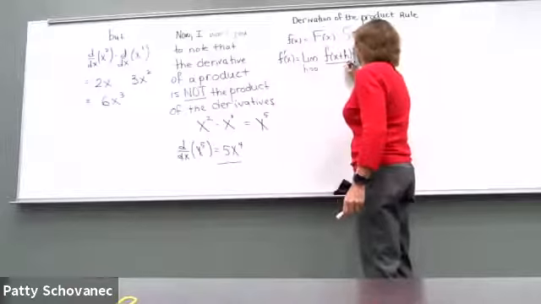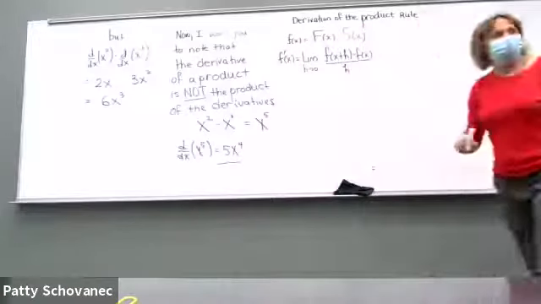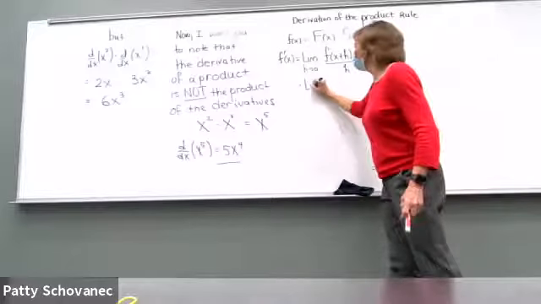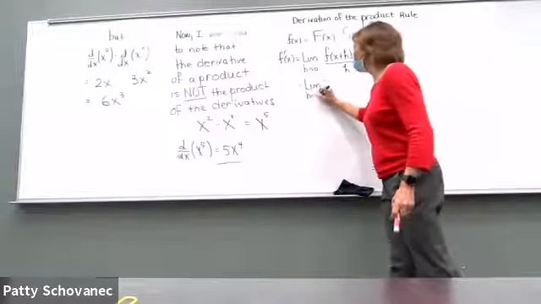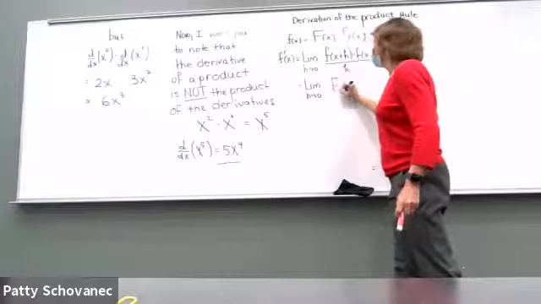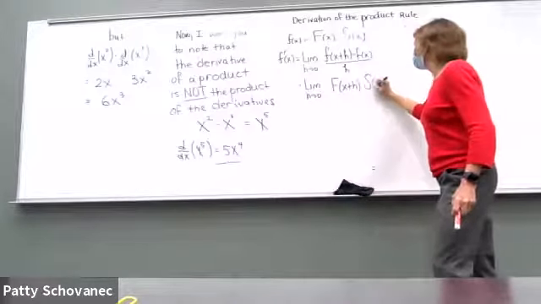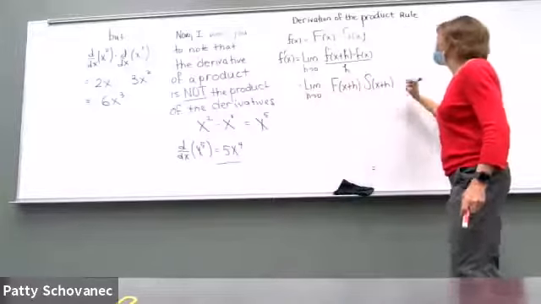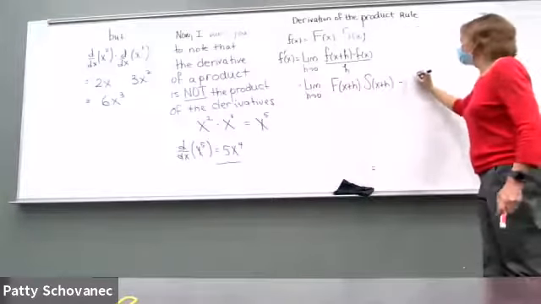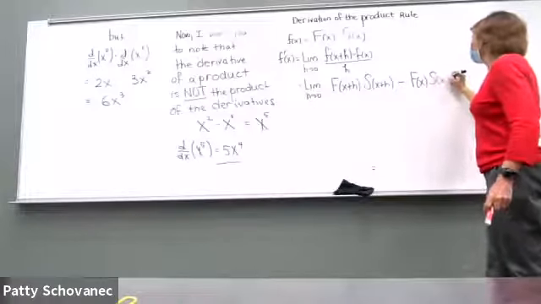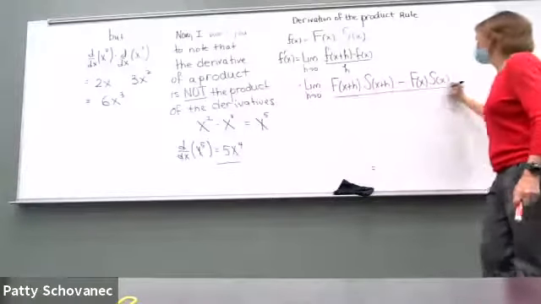And those are all the little f's. So in this expression, that will look like the limit as h goes to 0 of capital F at x plus h times capital S of x plus h minus capital F at x, capital S at x, all over h.